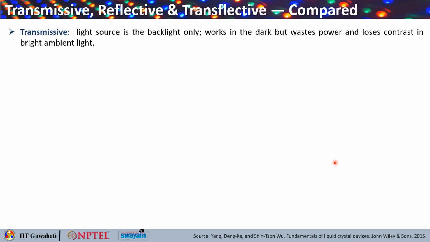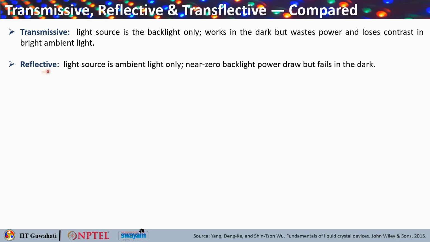It is very easy to understand that the transmissive displays depend on the light source that is there for backlighting. In short, this works very well in dark environments, but it wastes power and it loses contrast in bright ambient light. So, it is not good for outdoor usage.